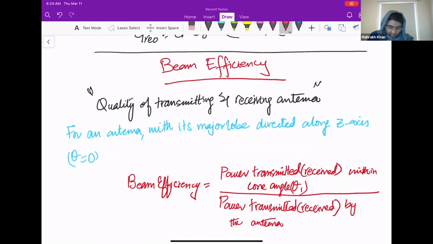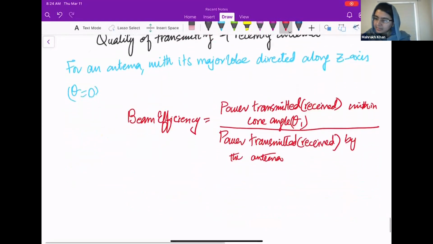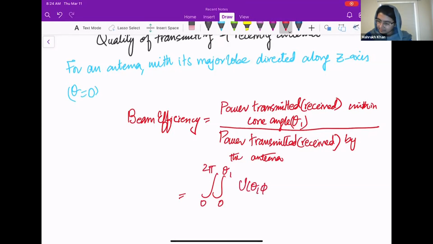So mathematically, how you define it is, so you say, instead of pi, you say theta 1. And the other things will remain the same.